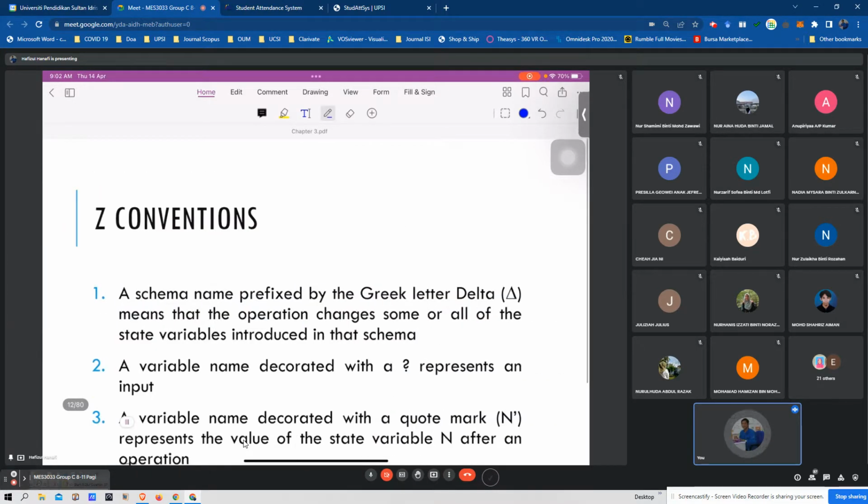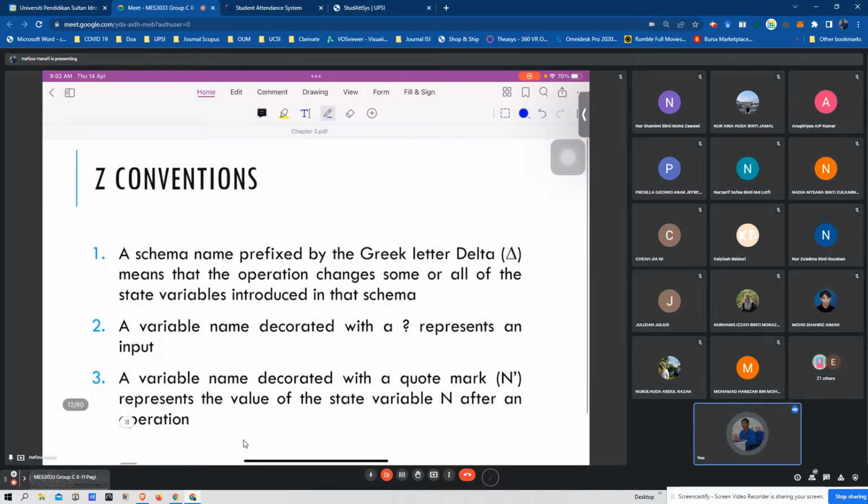And then for the Z convention, a schema name prefixed by the Greek letter delta means that the operation changes some or all of the variables introduced in that schema. We have delta, I have explained to you. And then we also have a variable name decorated with the question mark.